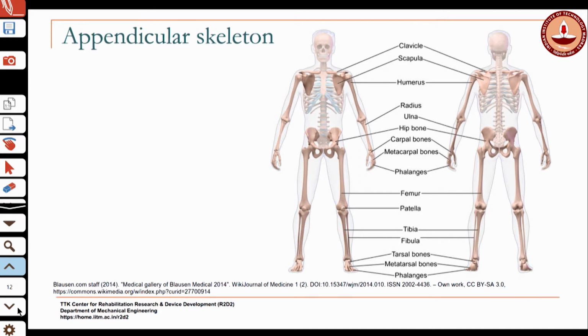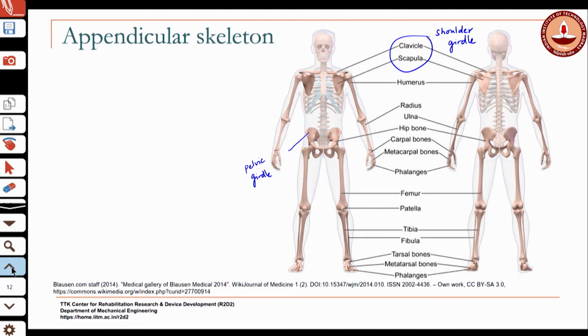So, you have the bones of the arms and the legs as well as the connection to the rest of the body, which would be, for the shoulder, the shoulder girdle, which is composed of the clavicle and the scapula, the shoulder or pectoral girdle, and then you also have the pelvic girdle. So, they also form part of the appendicular skeleton.